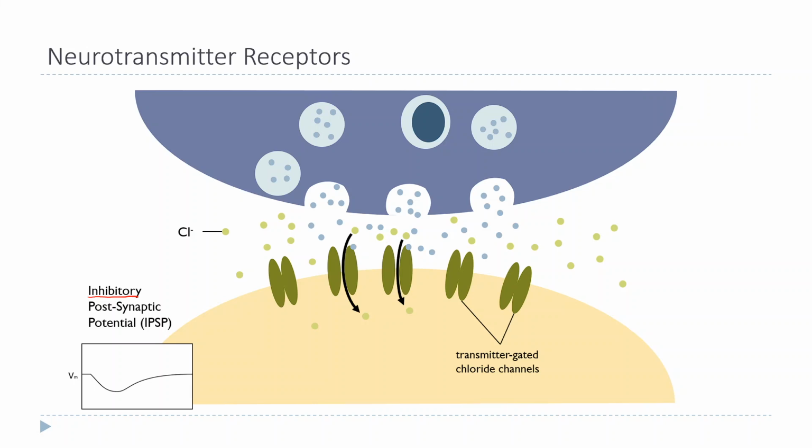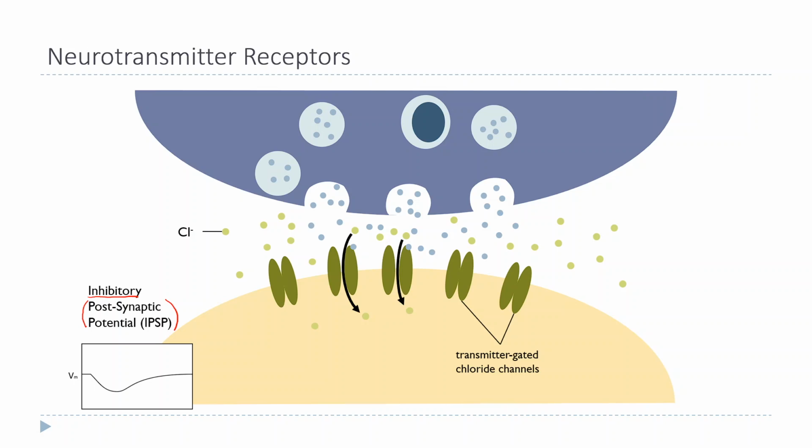But that's what the inhibitory postsynaptic potential, or IPSP, means. It's either a hyperpolarization of the membrane in the postsynaptic cell, or a counter to a depolarizing current from a different synapse.